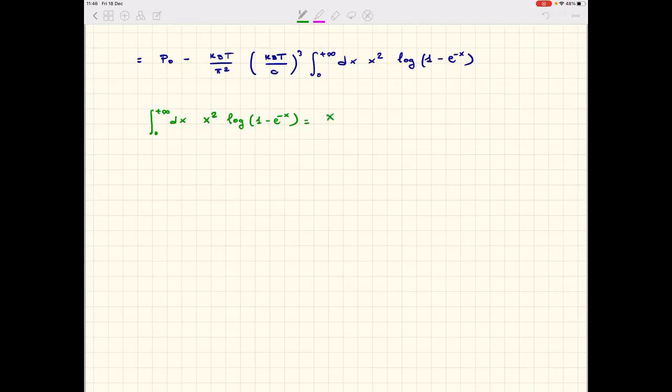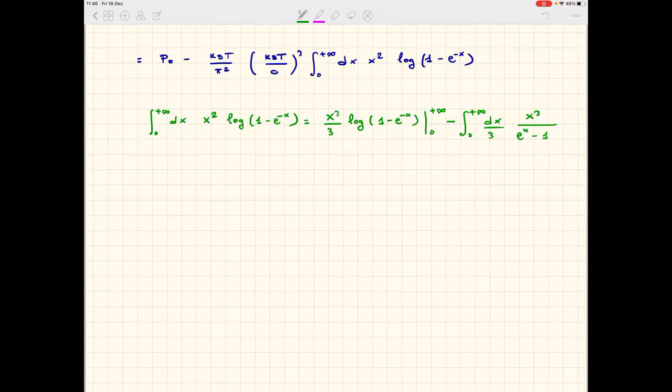This is x cubed over 3 times log of 1 minus e to the minus x between 0 and plus infinity, minus the integral between 0 and plus infinity dx x cubed over e to the x minus 1, over 3.